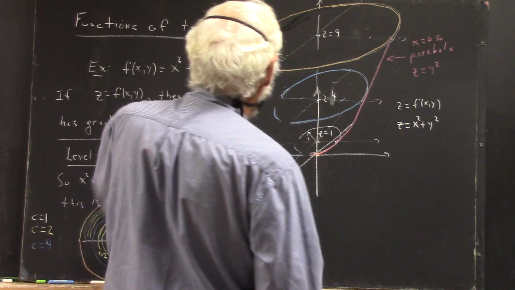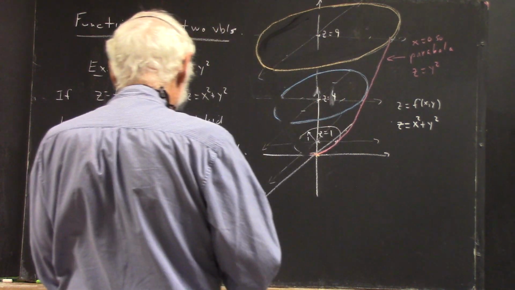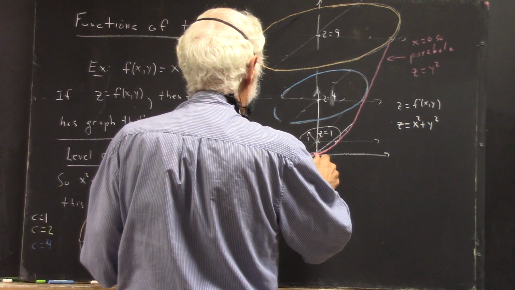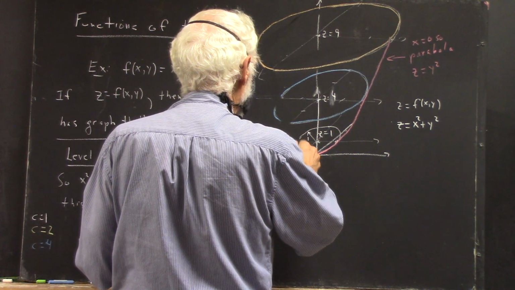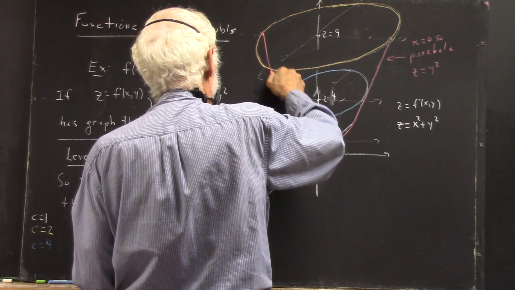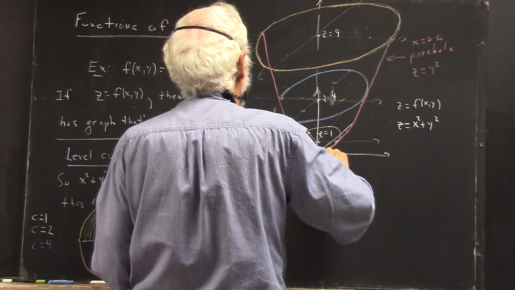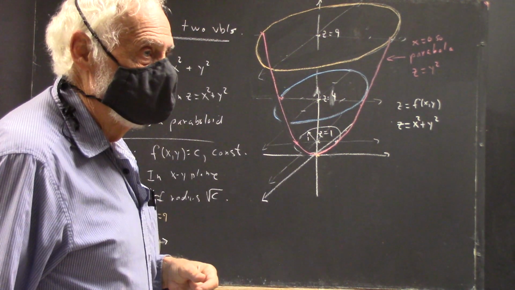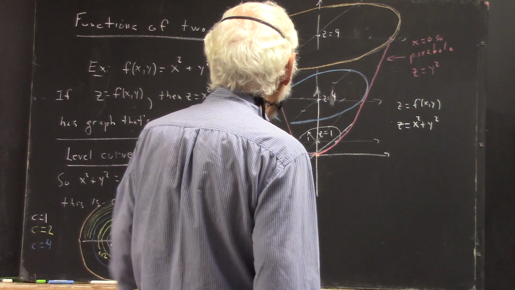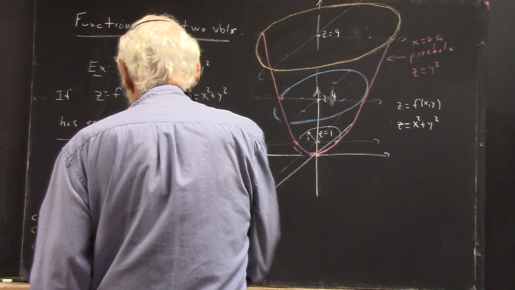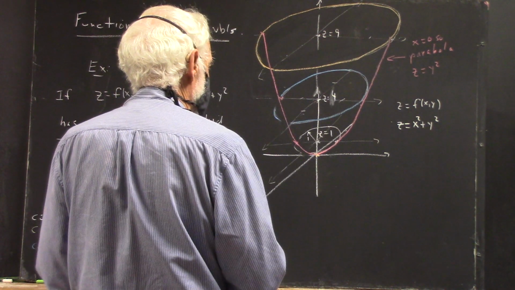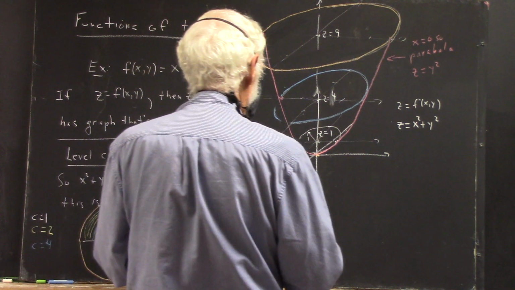So, probably an even more terrible circle. But in the YZ plane, we've got to go through this point, this point, this point, and this point. So, it's actually a better parabola now. In the XZ plane, the points we go through are going to be kind of close to these.